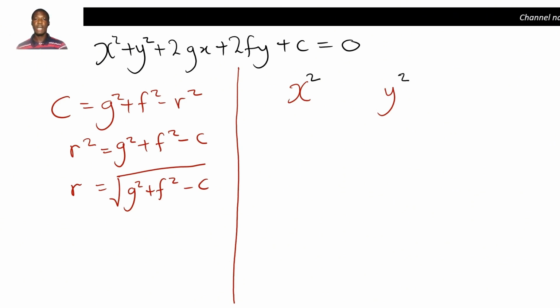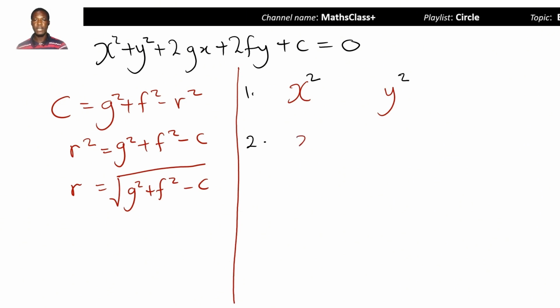Now let's also come to the next one, which is about the coefficients of x squared and y squared. The second one is that for every equation of a circle, the coefficients of x squared and y squared are expected to be the same.